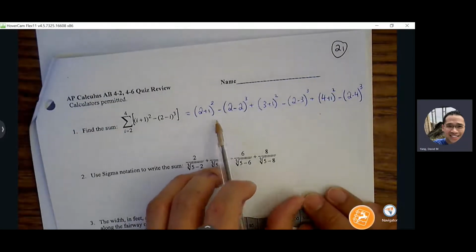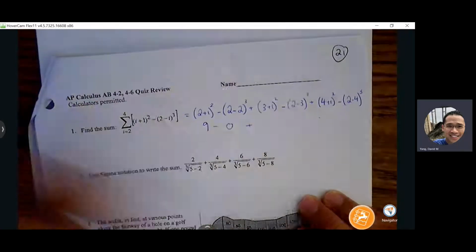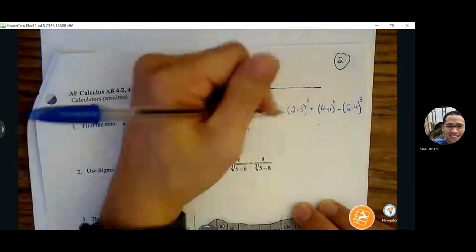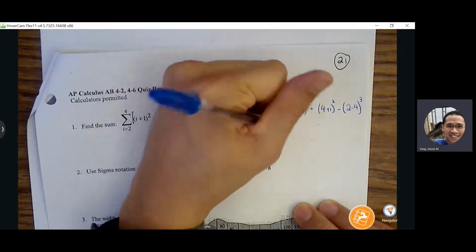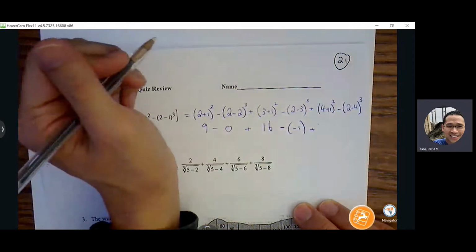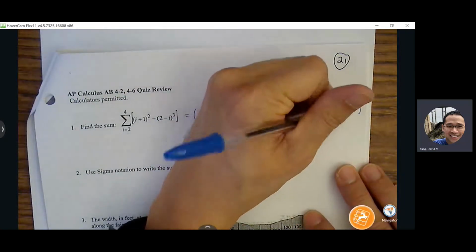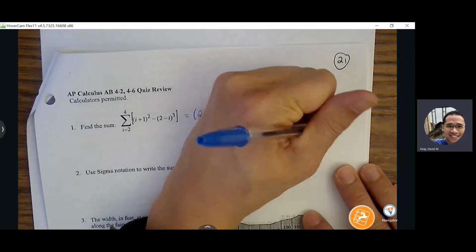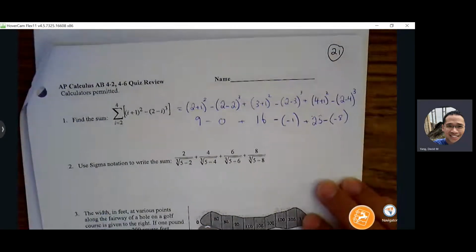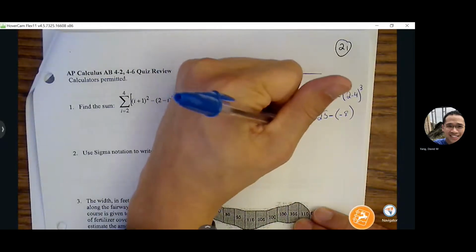Get 3 squared, which is 9. Root of 16 minus a negative 1. 25. And then 2 cubed is negative 8. Okay, add those terms together. 59.